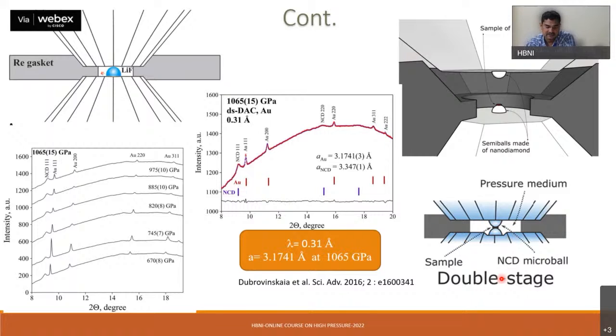And using this double stage, they have determined the equation of state of gold up to almost 1065 GPa.